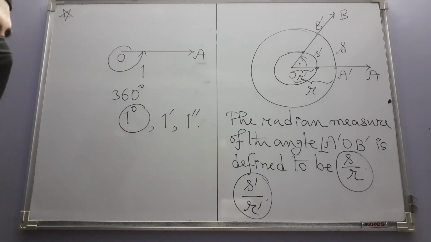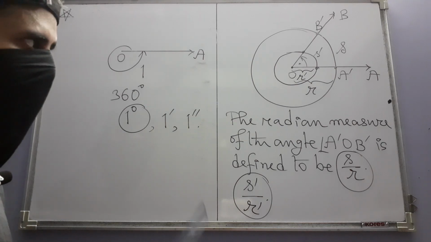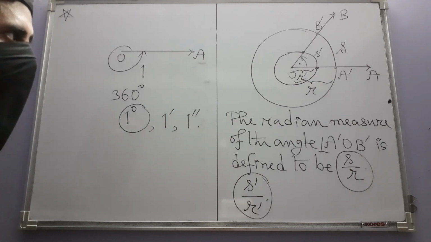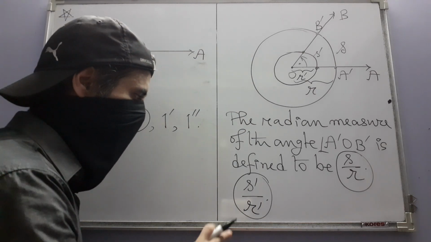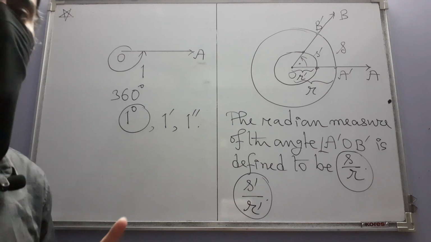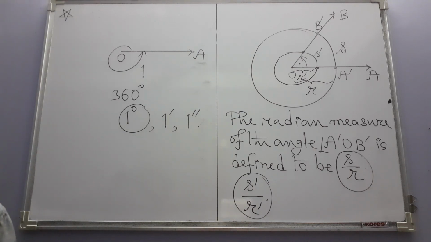Now, normally what we do, we take r equal to 1. Or in other words, we consider a unit circle. So you can imagine that in a unit circle, what will be 1 radian? Let's just see that, because that's how it is usually introduced.